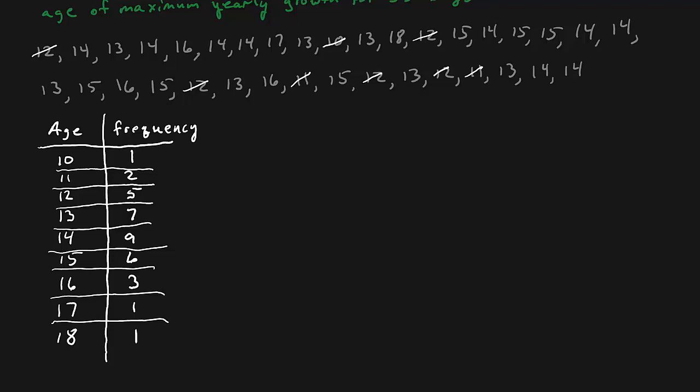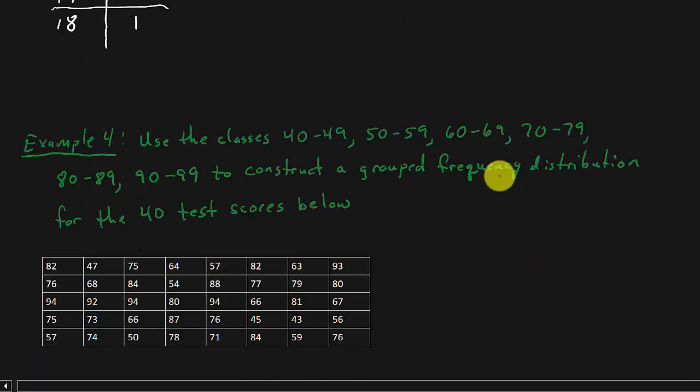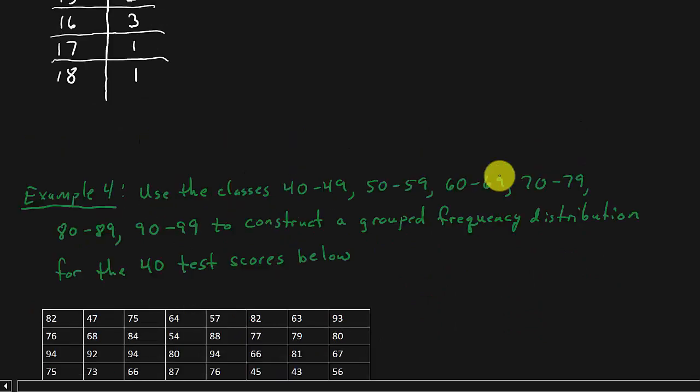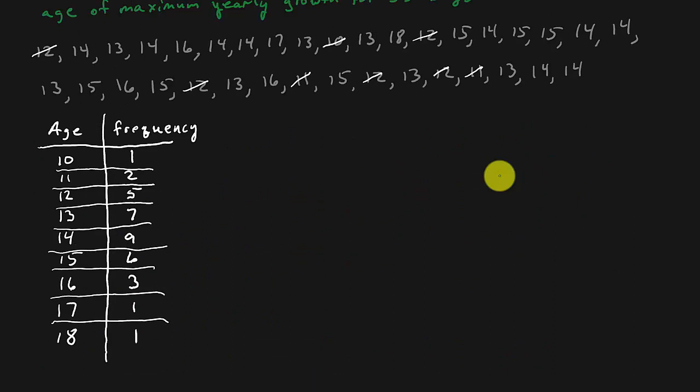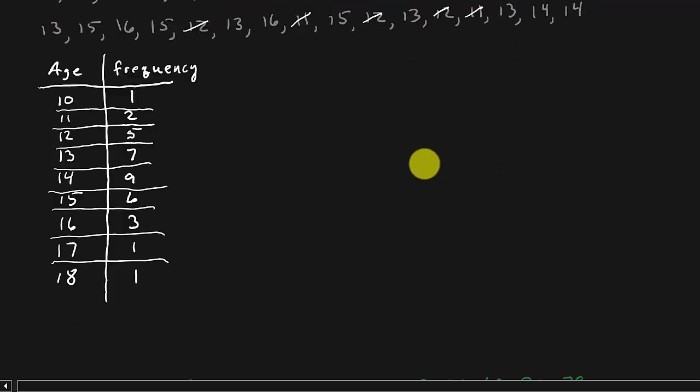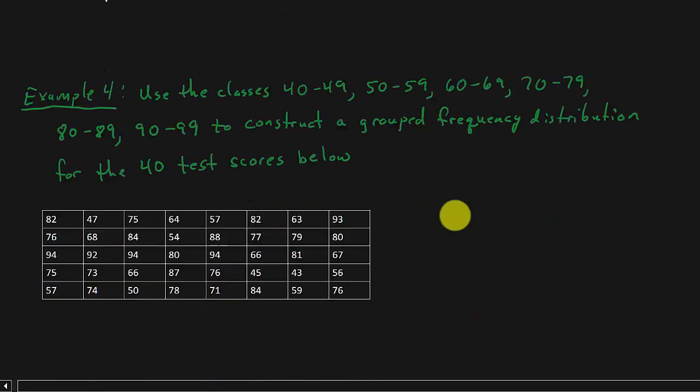So that's something you can do to just organize the data and look at it. All right. Now, let's see, what's the next example? Okay, so there's another frequency distribution that we're going to do, but we're going to use classes and stuff like that. All right, so I hope that makes sense. We'll come back to this problem in a minute for something else.